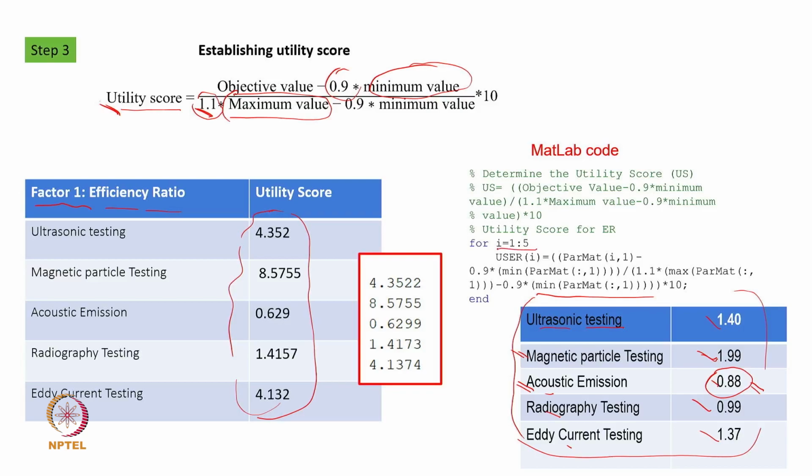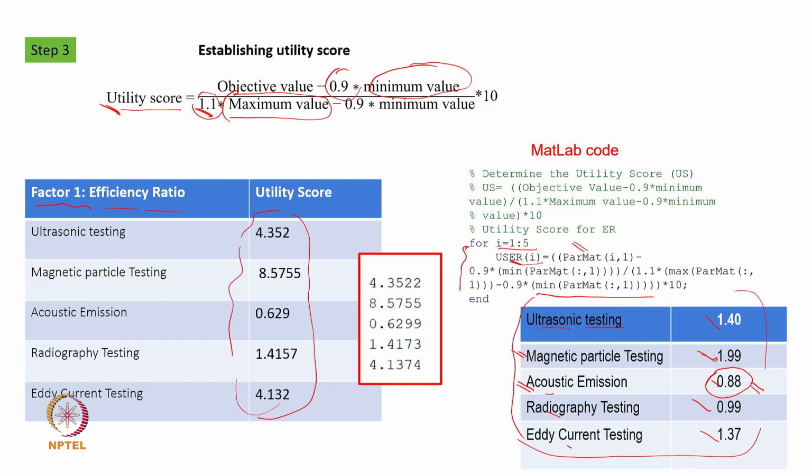Now, here there are 5 techniques, and we are using the word utility score for the parametric matrix we have made. For one technique the objective value has been given, and it can be iterated for 1 to 5.